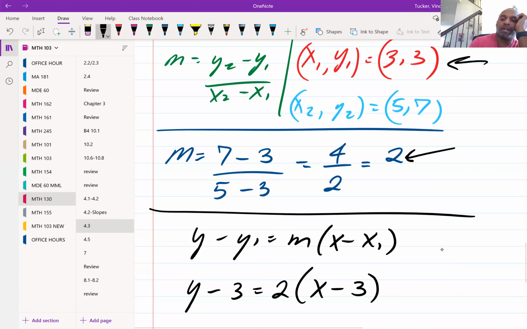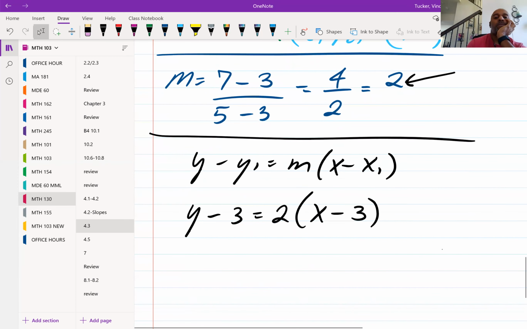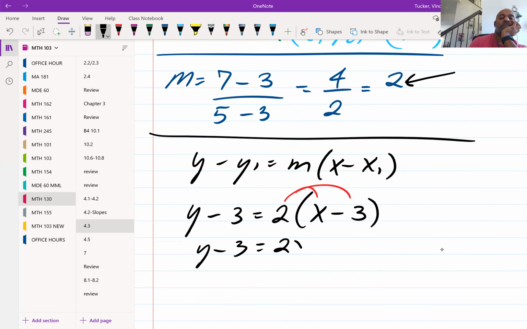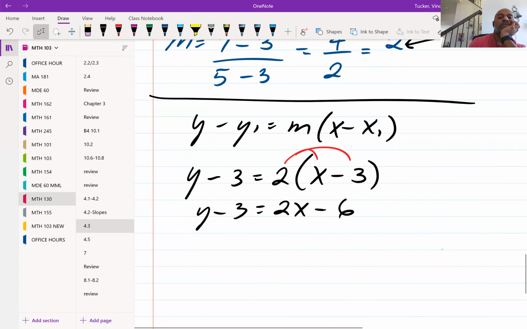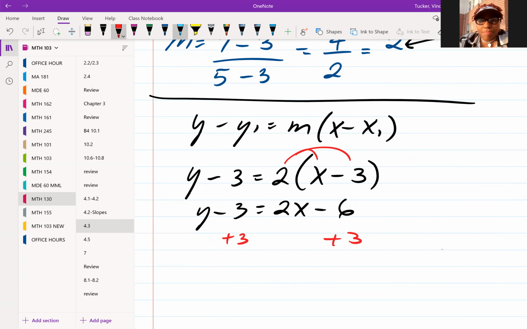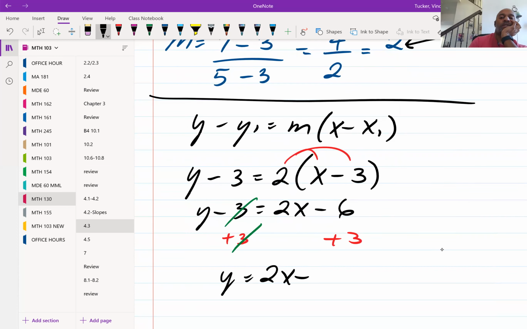Our 2 came from right here, and x1, y1 is right here. Distribute the 2. Add 3. Y is equal to 2x minus 3.